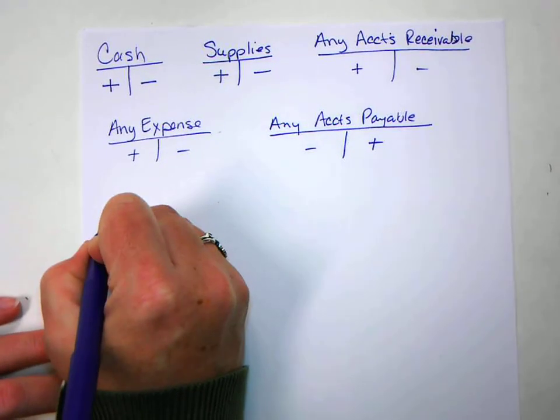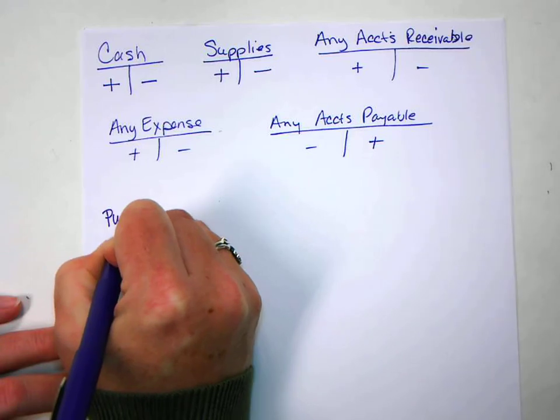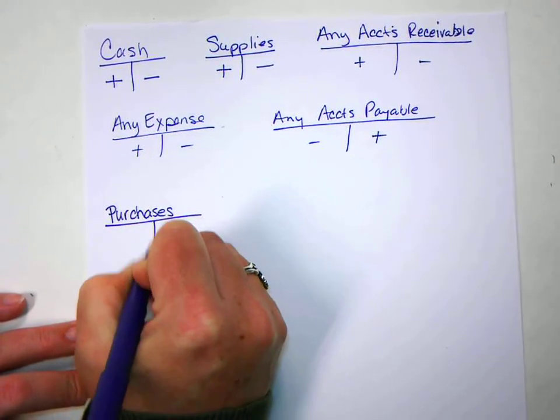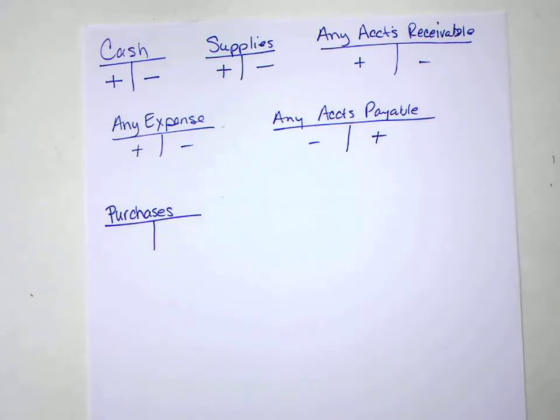a new account is purchases. And again, purchases is only for purchasing merchandise that we're going to turn around and sell. So if we are selling widgets, we're going to buy widgets, put them on our shelves, mark the price up, and sell the widgets. Okay?